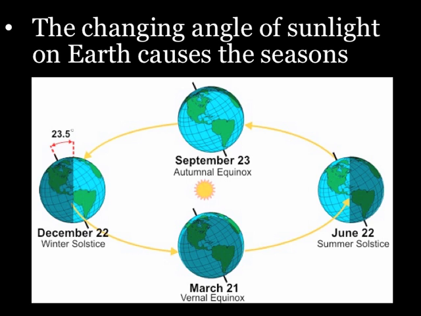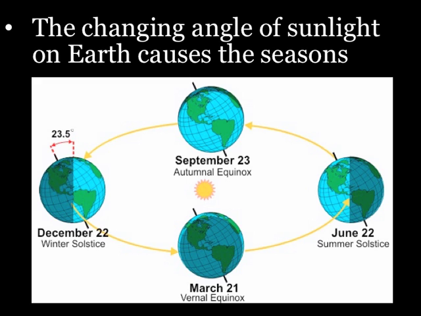The changing of the angle of sunlight on Earth causes the seasons. So the axis of the Earth doesn't change. When it revolves around the sun, the axis tilt doesn't change, but where the sun hits does.